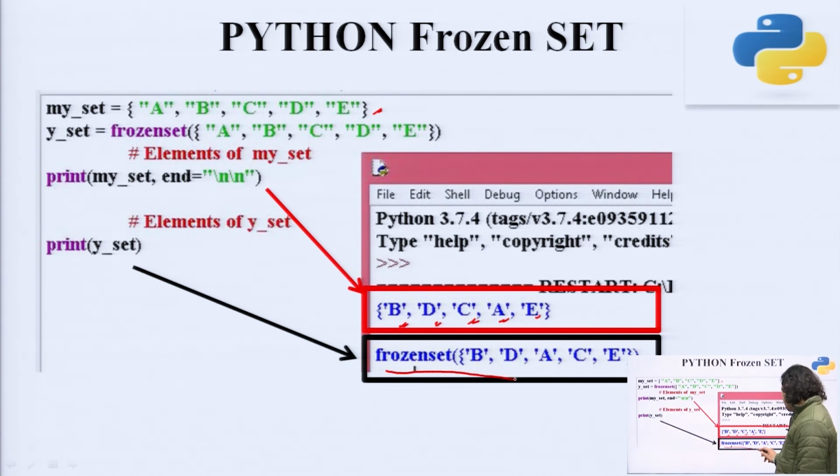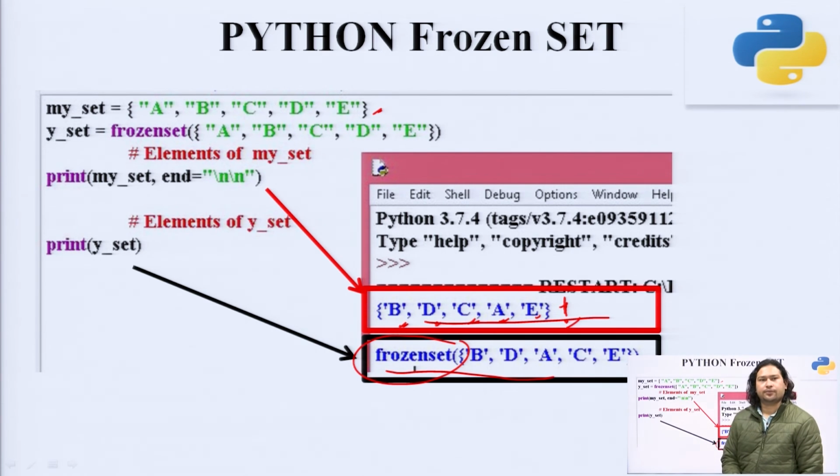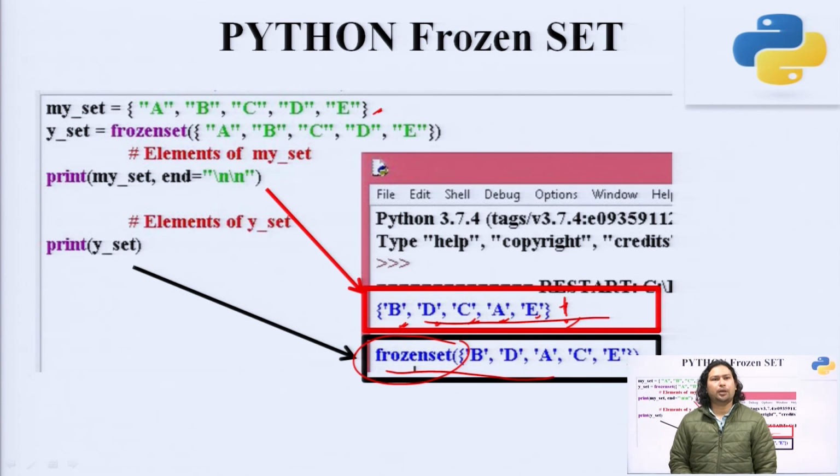Here you can see again the order is totally randomized because it totally depends on this one. This is the culprit on which this depends, and you can see the frozen set is developed from this, but this data is totally taken as a frozen set. That means this is totally immutable, just like a tuple. The tuple is immutable.